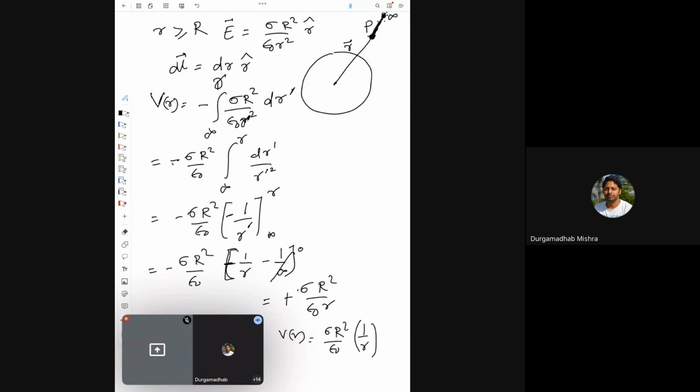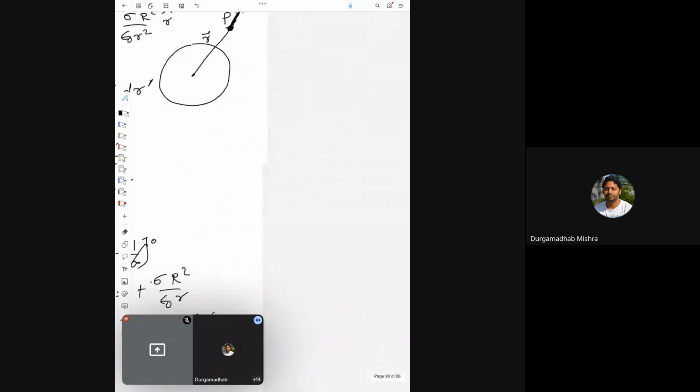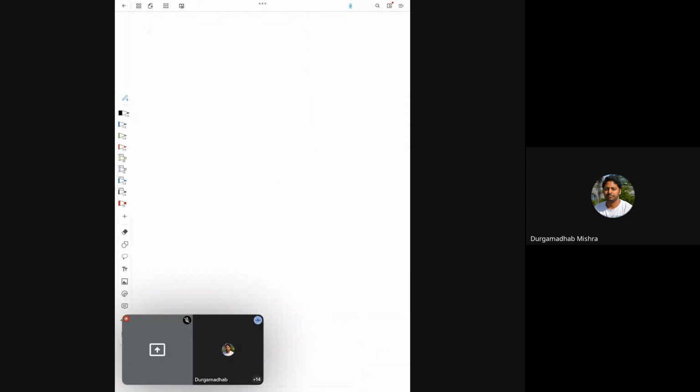This is very similar to what you have seen for a single isolated charged particle having charge Q, where V of r varies as Q by 4 pi epsilon naught r. Very similar expression.